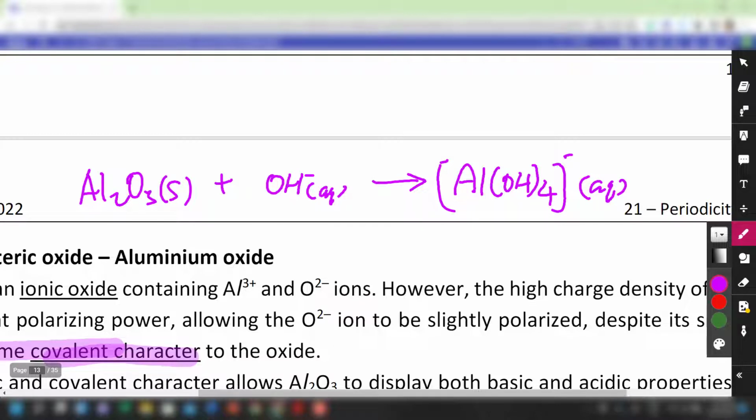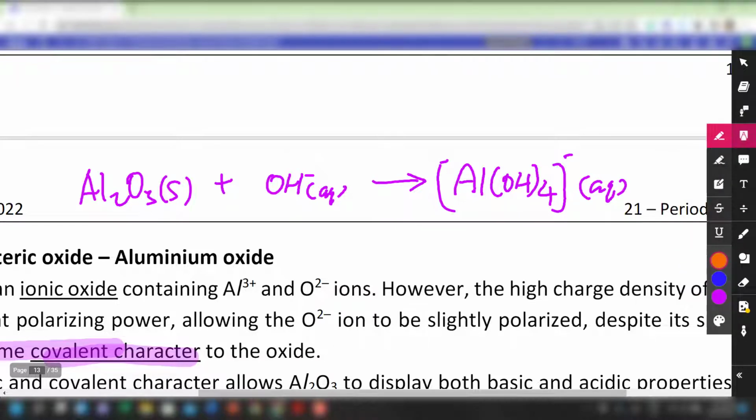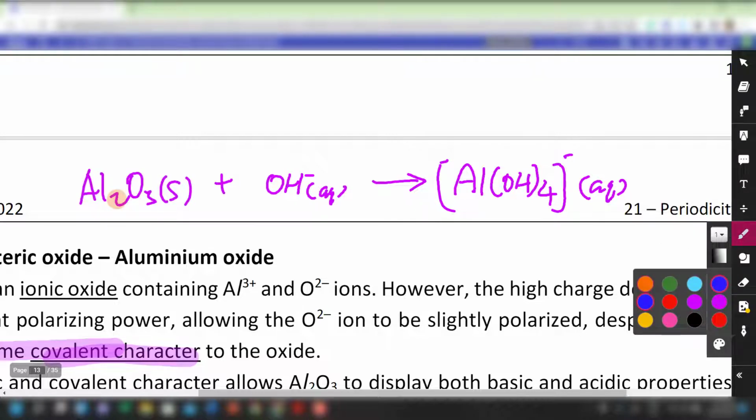Because I have two aluminium here, I need to balance the equation, so I will need two of these aluminates. If you do a quick count, you will find that the equation can be easily balanced. How do we do a quick count? The first thing you might notice is that on the left hand side, there's a total of 3 oxygen.